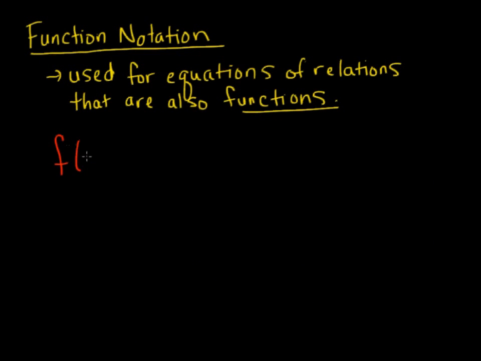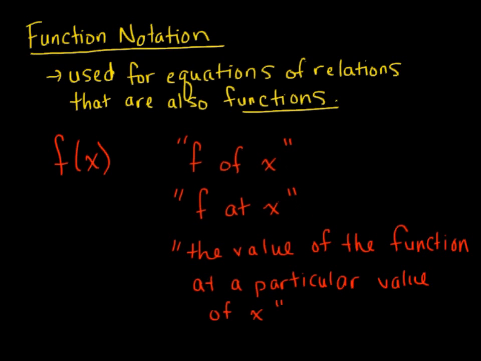Now for functions, we have a special type of notation that we use to identify when an equation is a function or not a function. If an equation represents a function, we can use the term f at x, or f of x, and the notation is f and then with inside brackets the x beside it.